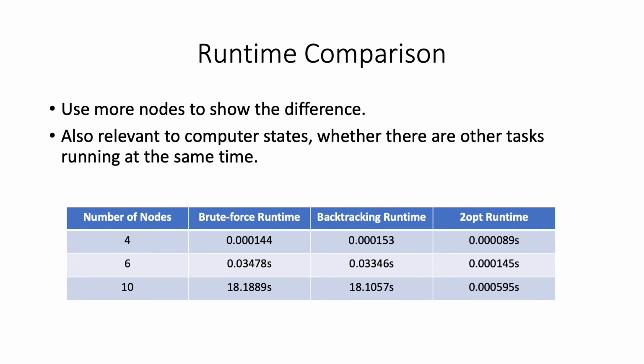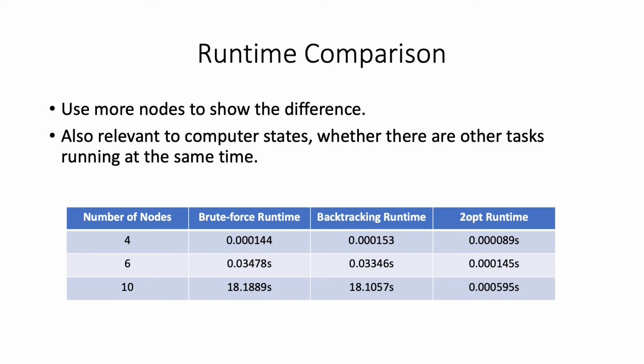So we can see in this table that 2OPT runtime is always the smallest, because 2OPT has the simplest time complexity. It's O of n squared, while the other two are O of n factorial. And as we can also see, with the number of nodes increasing, the runtime also increases for all three algorithms.